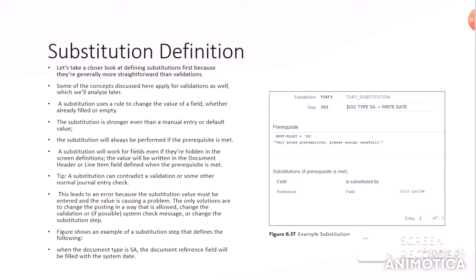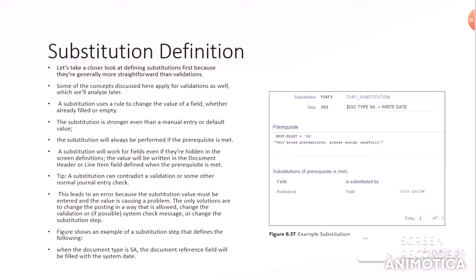So what the substitution actually does is it will substitute a value which is already entered manually or which is automatically populated by default. If there is any substitution rule related to that field, it will replace the existing value, and it is stronger than the manual or default entry.